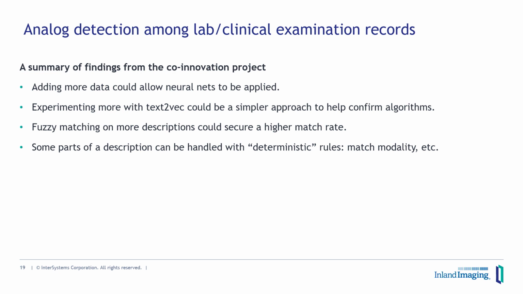We're going to experiment more with text2vec, and maybe it could be a simpler approach to help confirm the algorithms that we're using. Fuzzy matching on more descriptions could secure a higher match. So we used like 1,200 new exams that needed to be mapped to our gold standard, which is about 5,000 records.